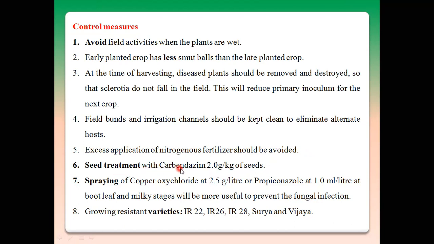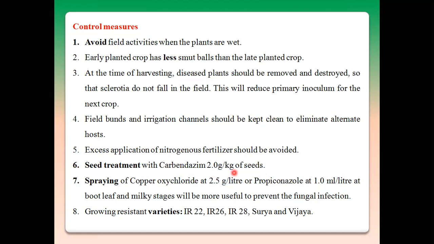Then seed treatment with carbendazim at the rate of 2 gram per kg of seed, because in an infected earhead only a few spikelets are converted into smut balls, and the remaining grains are healthy. But these healthy grains are also infected. If such infected grain is used for sowing, 100% disease is produced. So to protect the seed from fungal infection, treat it with a fungicide, that is carbendazim 2 gram per kg of seed.